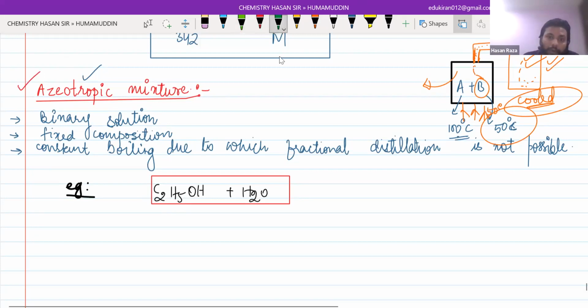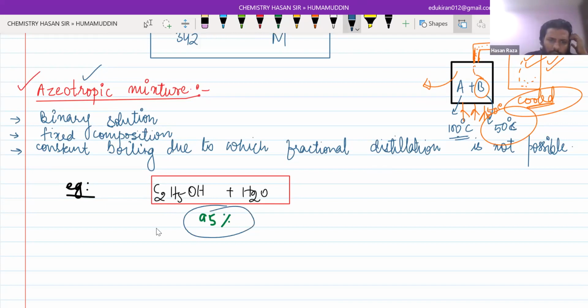But if you mix this in 95% weight by volume, or weight by weight you can take, you will get this azeotropic mixture. What I want to say is 95% this part and 5% this part, so you will get this azeotropic mixture.